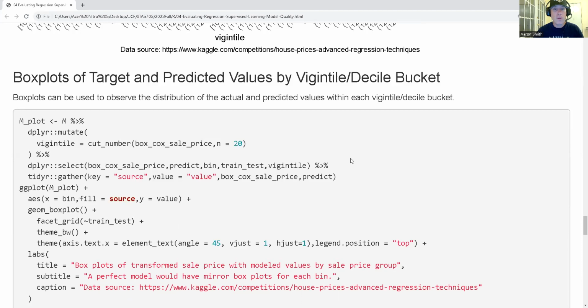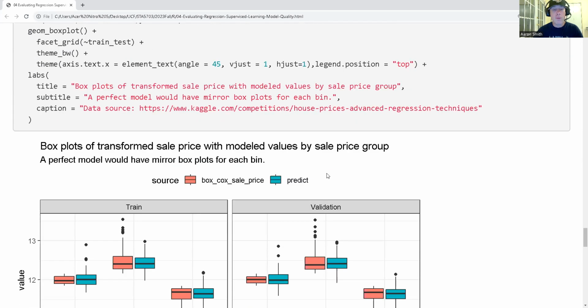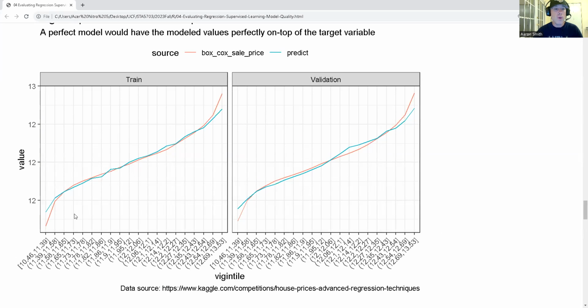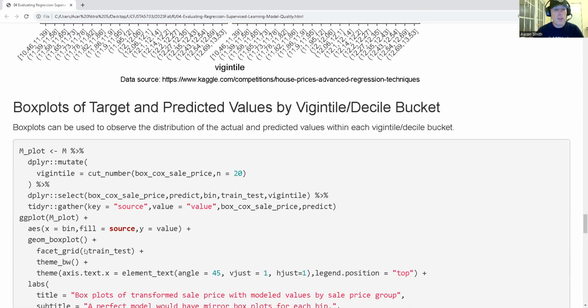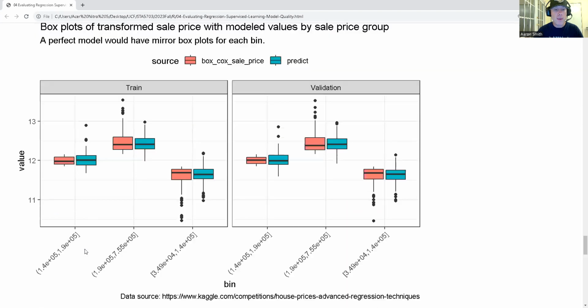All right, now the next one is to set up box plots. The idea here is very similar to what we have, but now I want to use box plots. Notice that in these plots, I'm just dealing with averages. I took the average within each bucket, and buckets are defined by the target variable. Now here I'm going to play the same game, taking buckets of the target variable, and then instead of just doing averages, I'm going to do a box plot.